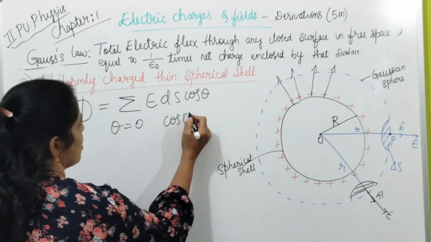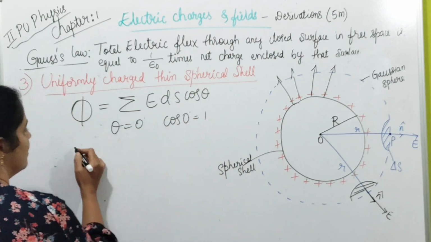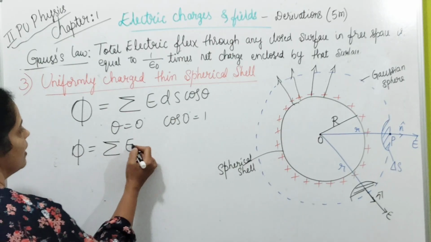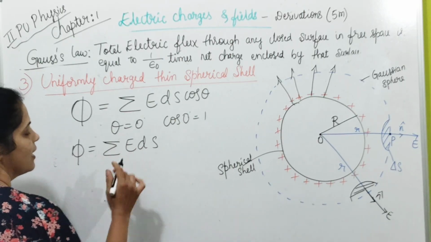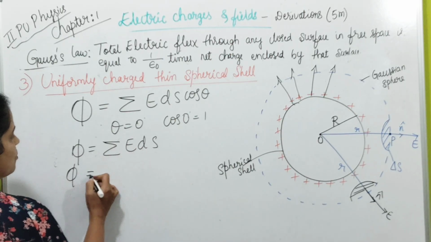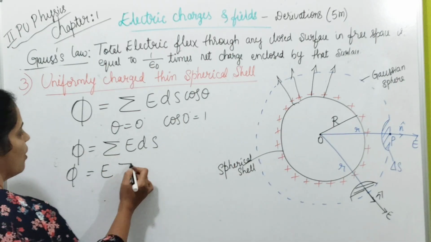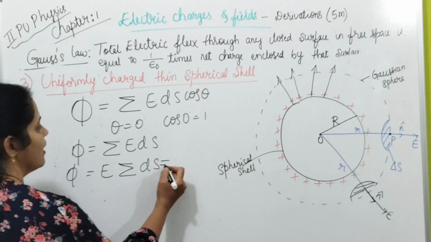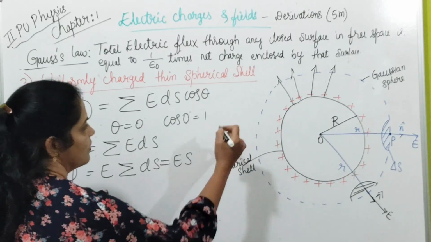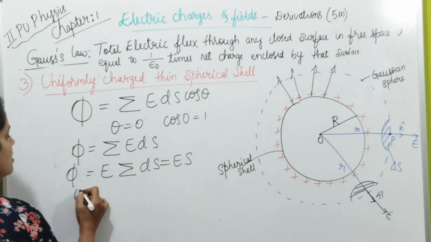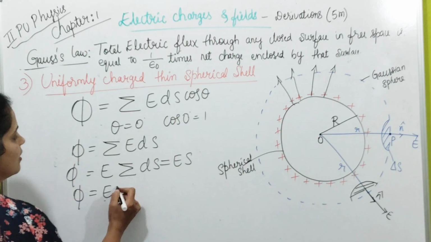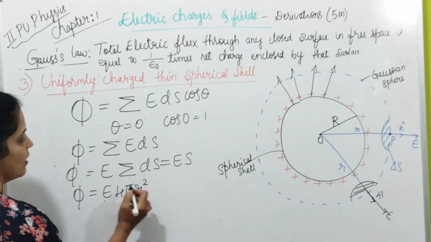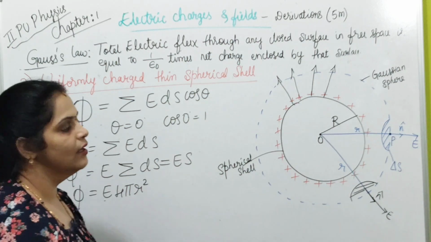Theta is 0 means cos of 0 degree is 1. Therefore, total flux is equal to summation E ds. So electric field is same everywhere outside. You are adding only the area. If you add area, you are going to get total area of the Gaussian sphere. So what is the total area of Gaussian sphere? Surface area of sphere is 4 pi r square, with small r.